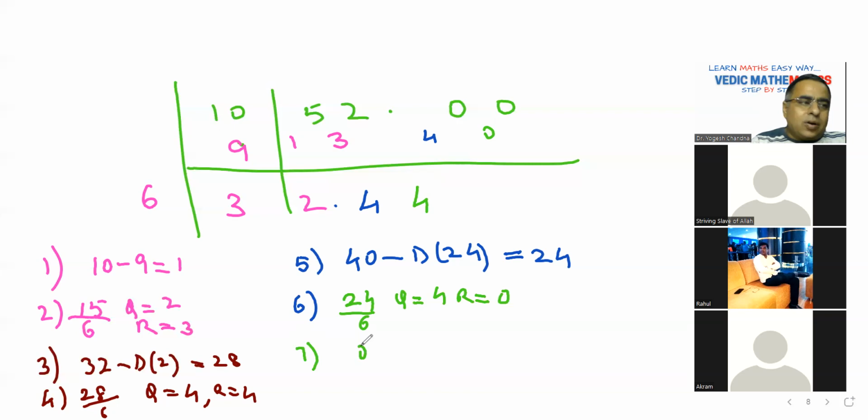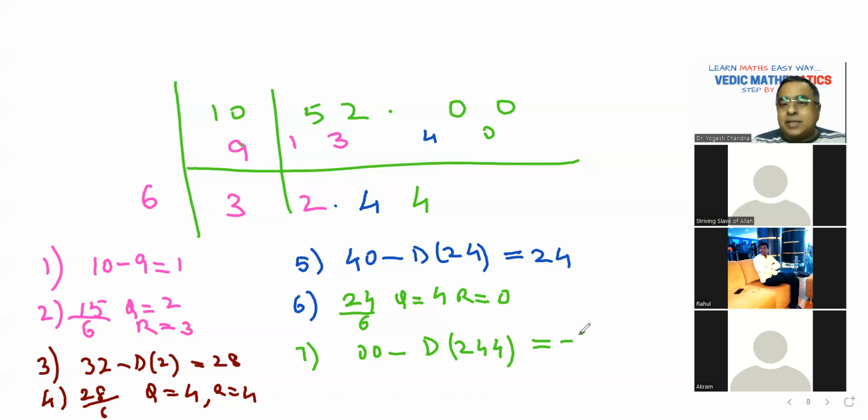So 0 minus d of 2, 4, 4. Now what is d of 2, 4, 4? 2 into 4 is 8, 2 times 16 plus 16 is 32.